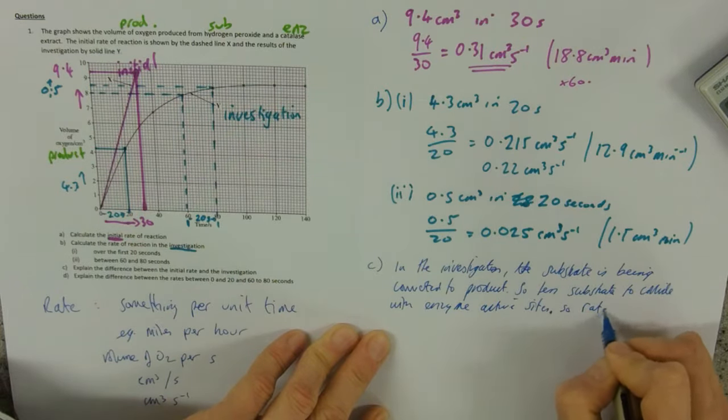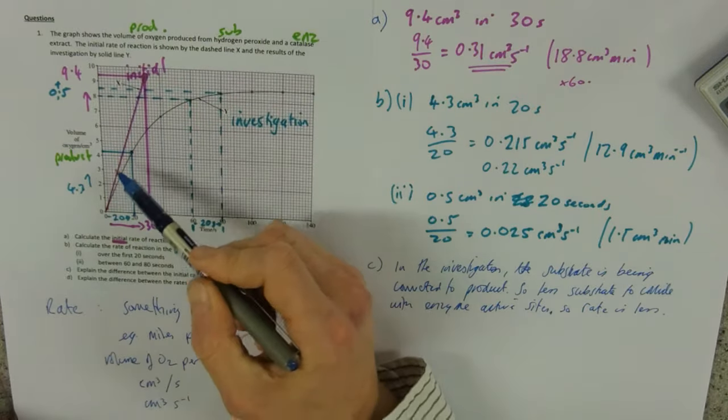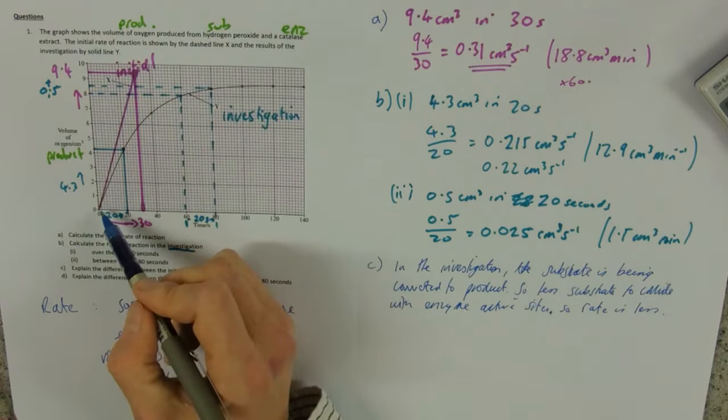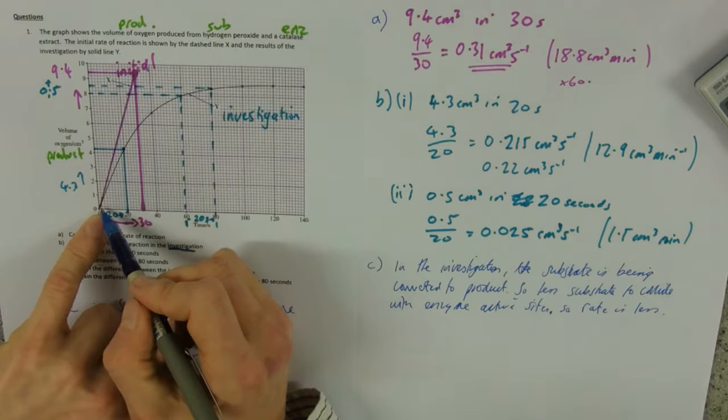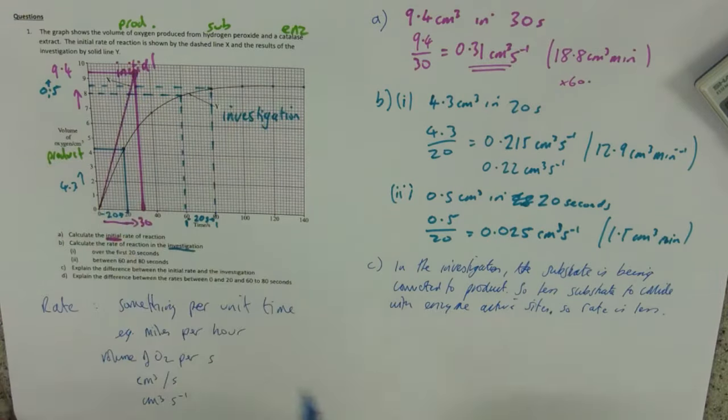So rate is less. That explains why this investigation line is underneath the initial. The initial is the perfect rate, with the maximum amount of substrate available.